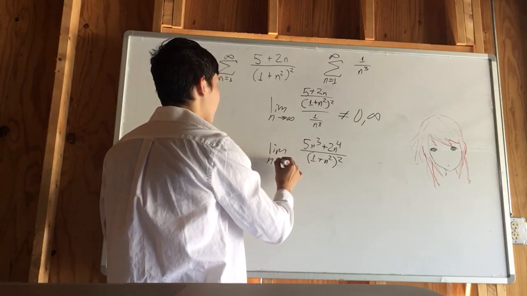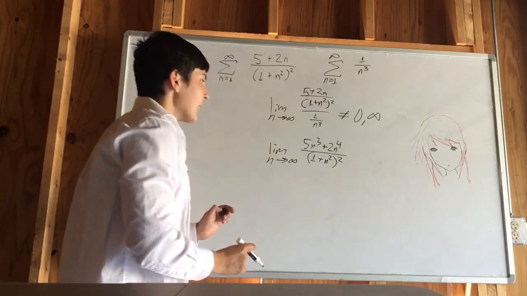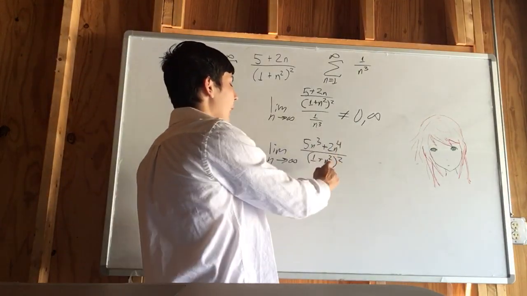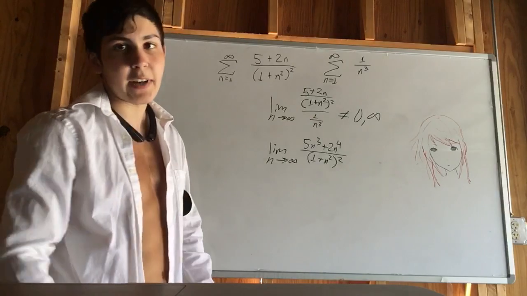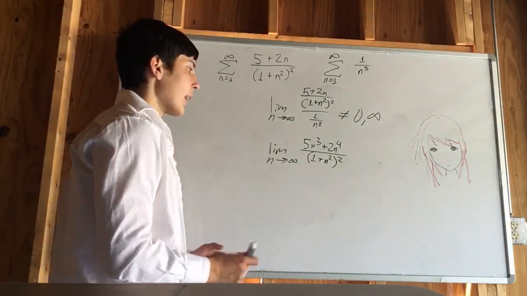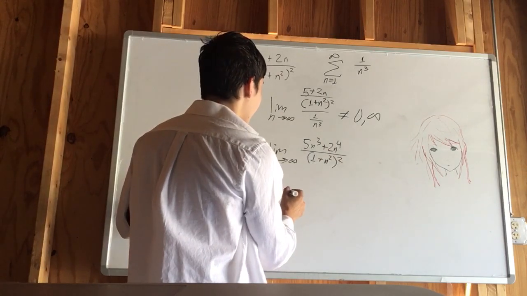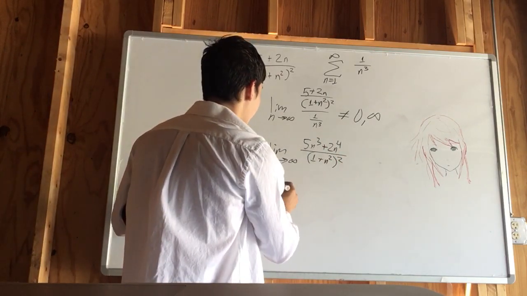So this would be (5n cubed plus 2n to the 4th) over (1 plus n squared) all squared, taking the limit as n approaches infinity. Now we have an n to the 4th on top and an n to the 4th on the bottom, so we divide by that. When we take the limit like this, we look at the greatest power, which is similar on both, and we divide by that.